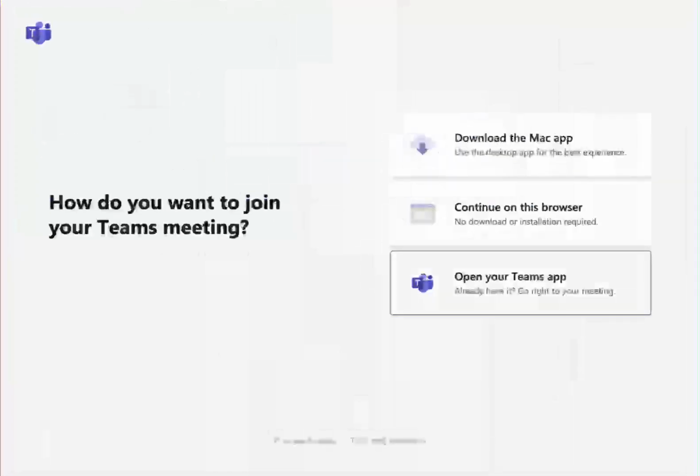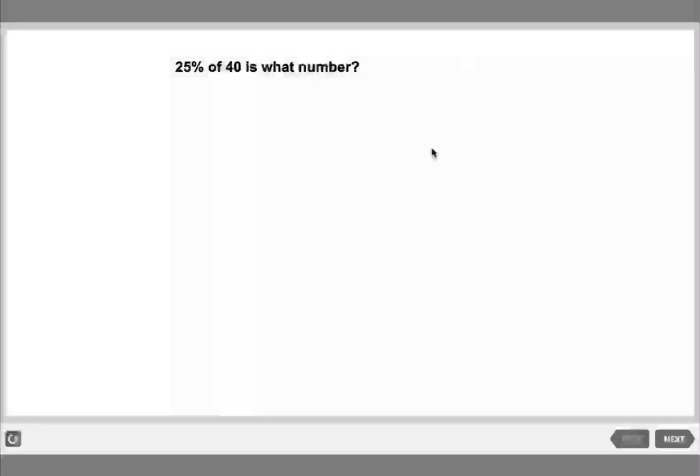For the next example, I will use this page. 25% of 40 is what number? Yes, Nawaf. So let's start with the meaning of this word.